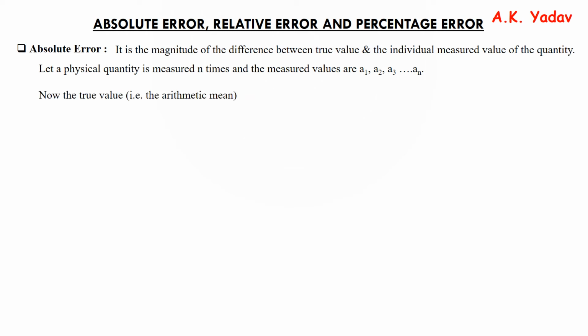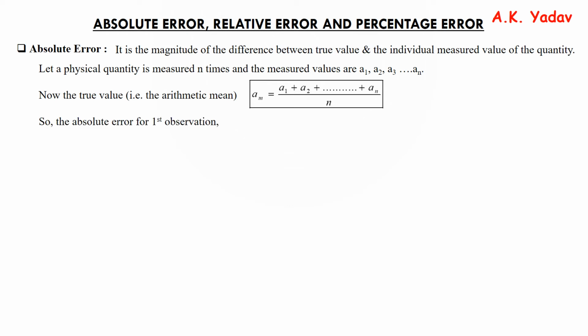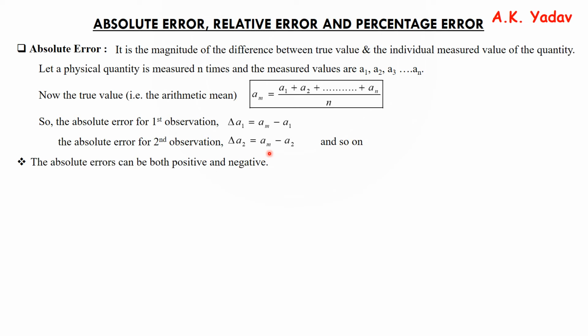So the true value will be the sum of all the values divided by the total number of values, that means a1 plus a2 plus a3 up to an divided by n. Now the absolute error for the first observation will be delta a1, this is its representation, and it is equal to the mean, the arithmetic mean or the true value, minus the first observation. Similarly, for the second, delta a2 is equal to a_m minus a2, and so on. Now they can be both positive and negative.